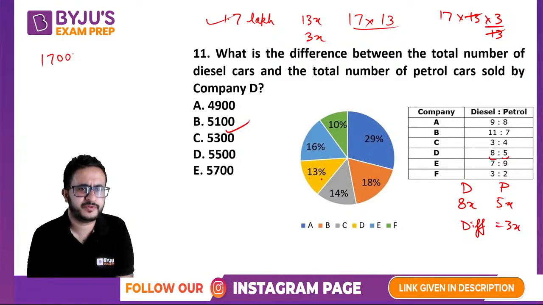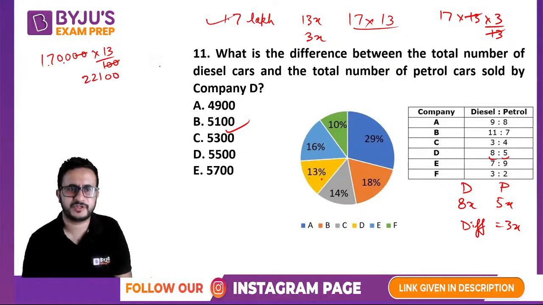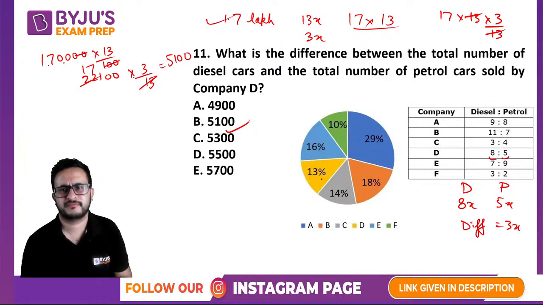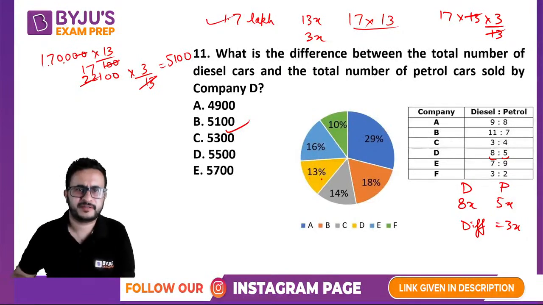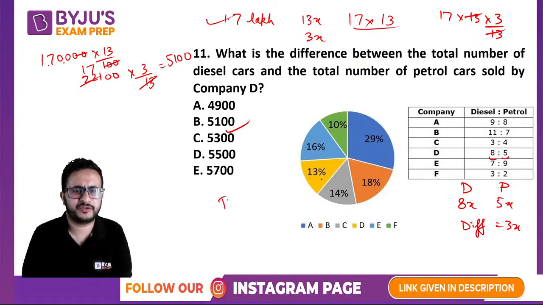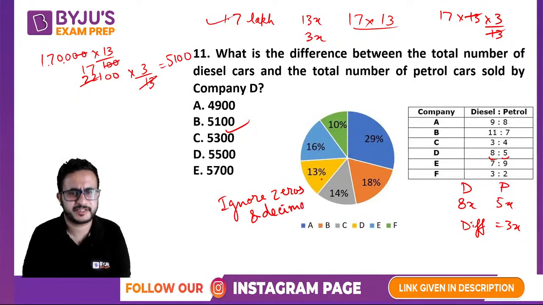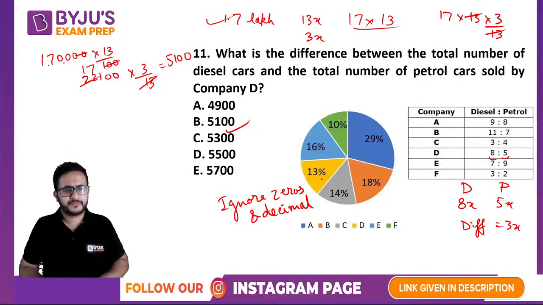How does a normal person do? 1.7 lakh को ऐसे लिखेगा, वो count करेगा फिर कितने zeros हैं, ठीक है, फिर वो कहेगा 13%, फिर वो निकालेगा 221 then 00, ठीक है, फिर वो करेगा कि 8, फिर वो चलो ये 3/13 कर लिया उसने, ठीक है, फिर वो again divide करेगा तो 1700 आएगा into 3 5100. टाइम लगेगा करने में, but understand this thing that you should always ignore zeros in these calculations.